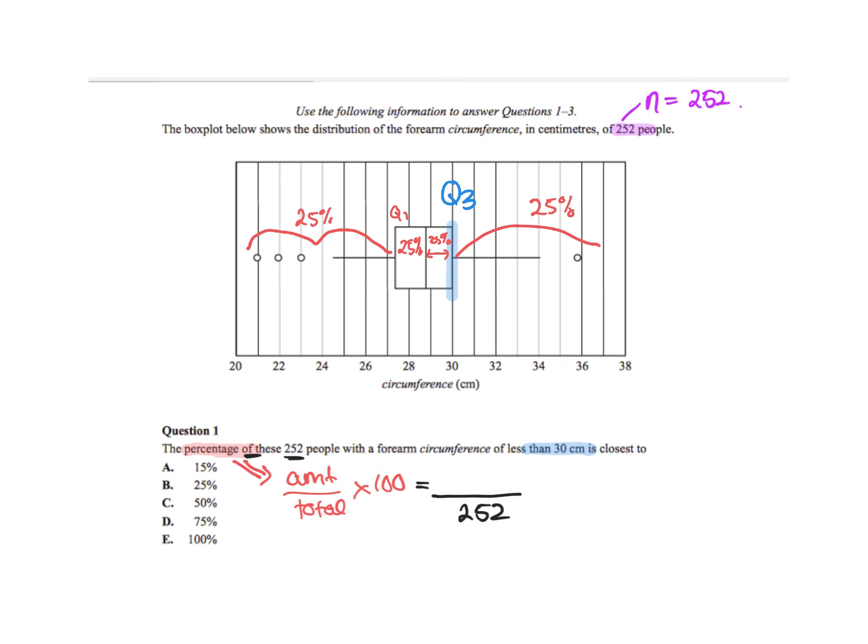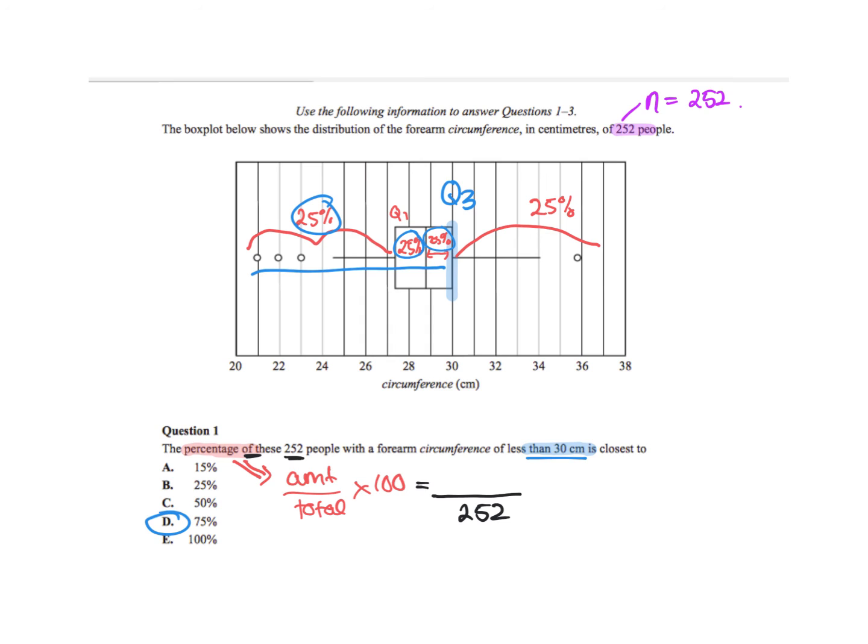So if they're asking how much is less, I've got all of those 25%s, which is 75. We don't need to find the percentage, we just have to say 75. Sorry, we didn't need to calculate it. So just be careful with that.